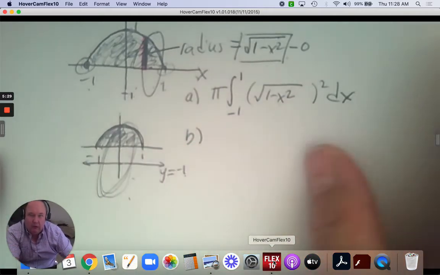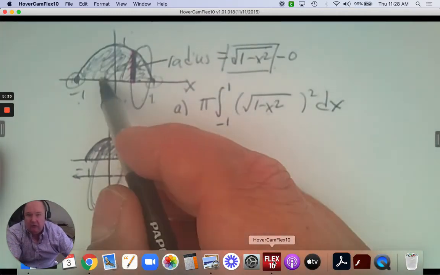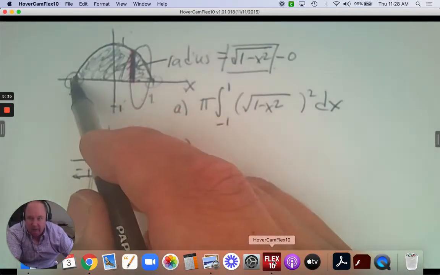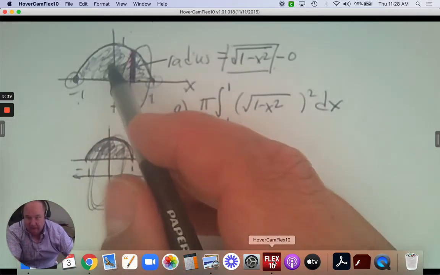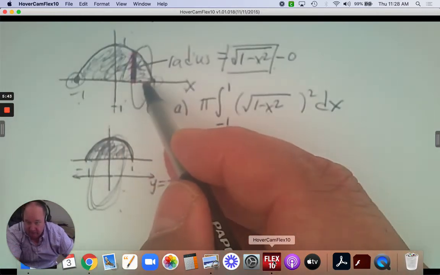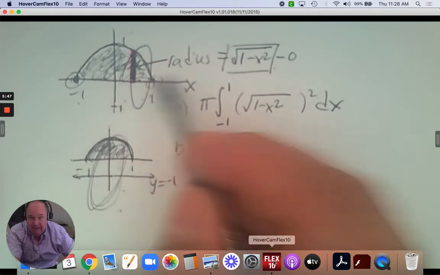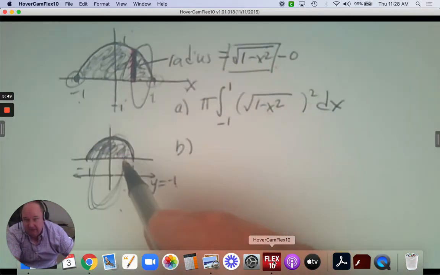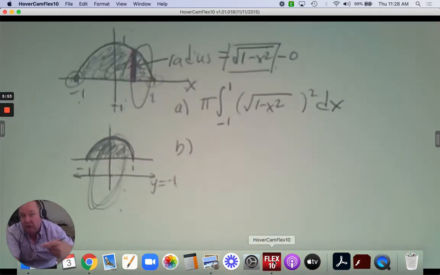So that's a little more complicated when it's a washer. I want you to notice the one above, that when you revolved it around the x-axis, there is no space there. Like the whole area is touching the line of revolution. So if it's touching that revolution line, then it's a disk. If there's a space involved, it's going to involve two radii.